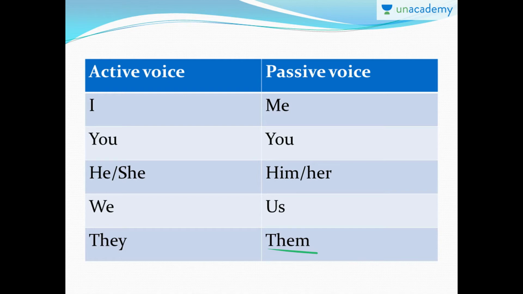He fed the dogs, the dogs were fed by him. She fed the dogs, the dogs were fed by her. We fed the dogs, so the dogs were fed by us. I'm sorry. Next one, they fed the dogs, the dogs were fed by them.